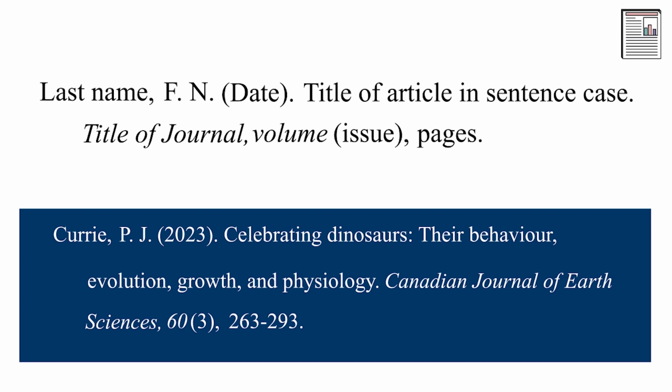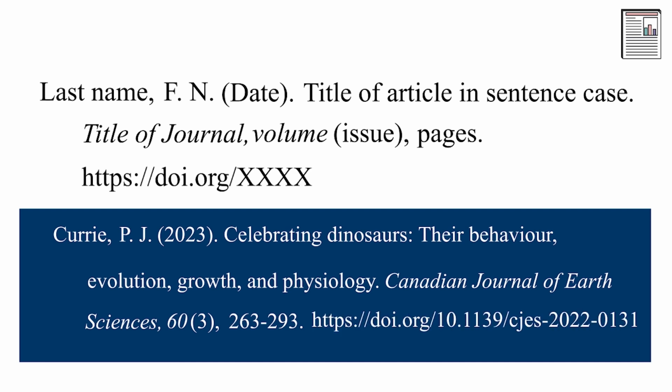If so, list the DOI number with the prefix. You likely accessed the article through one of the library databases. If this is the case, you don't need to add anything else to your citation. If the article was accessed freely online and not from one of the library databases, and it doesn't have a DOI number, you can add a link to the article as well.